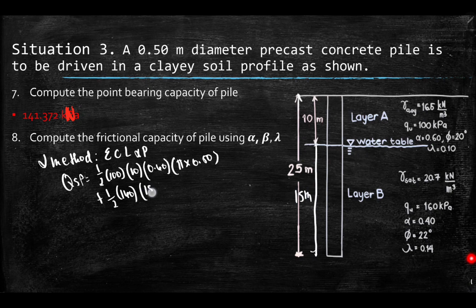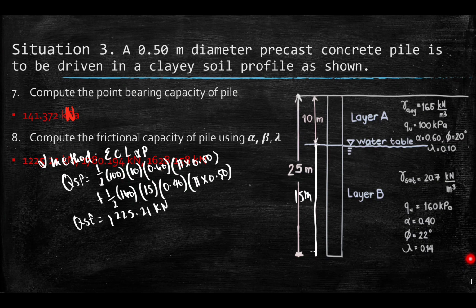And ang alpha natin dito is 0.40. Again, yung perimeter, ganun pa rin, pi times the diameter. Therefore, calculating, ang makukuha yung sagot dyan should be 1225.21 kilo Newton.